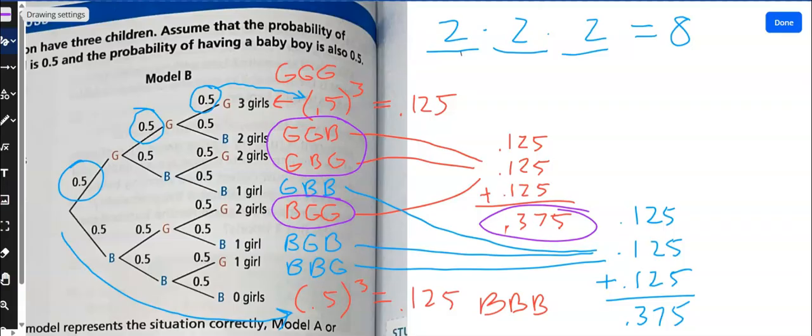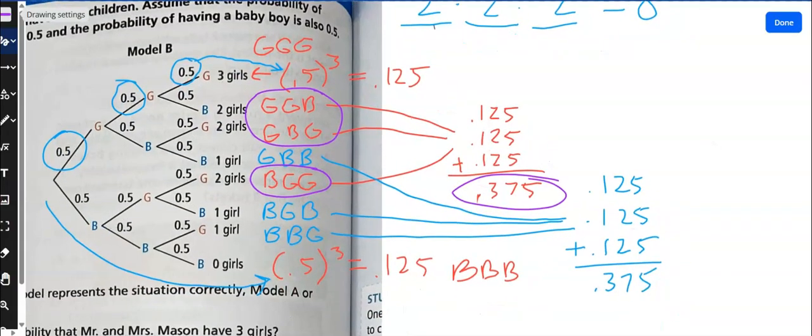Okay? Now, isn't that the same for 1 girl and 2 boys? You better believe it. There's also a 37.5% chance. So we have 12.5% of having all girls, 12.5% of having all boys, and 37.5% chance of 2 girls and a boy or 2 boys and a girl. So that adds up to 100% and takes care of all of the possible options.